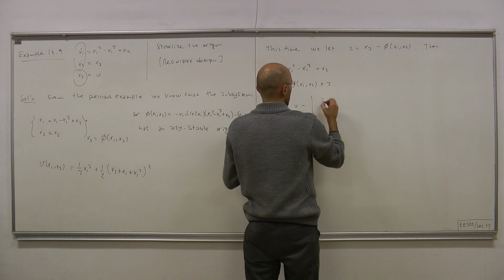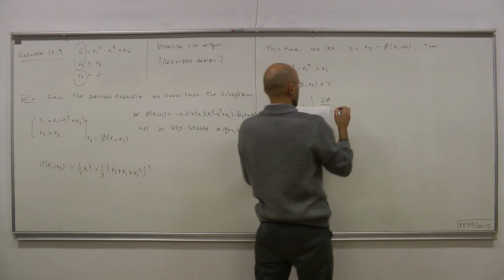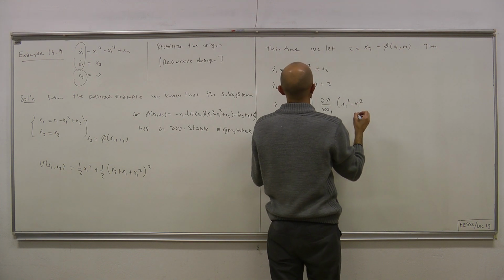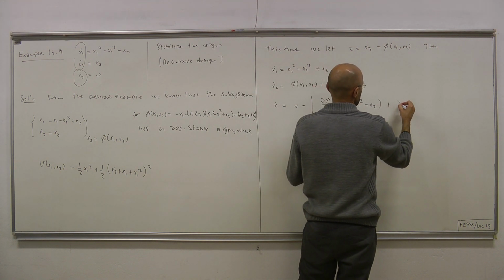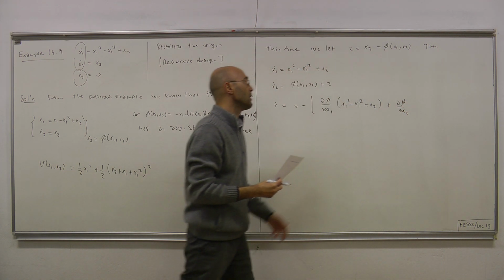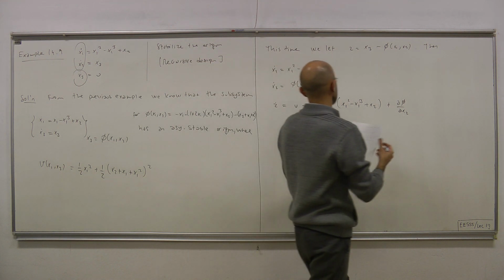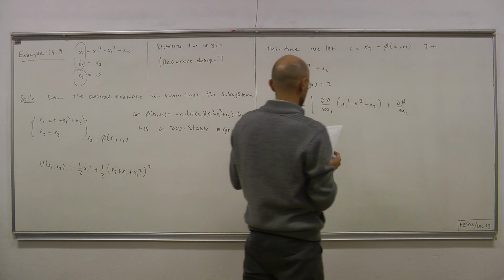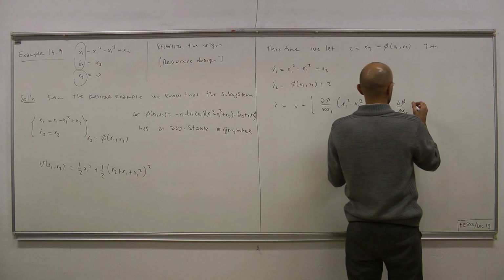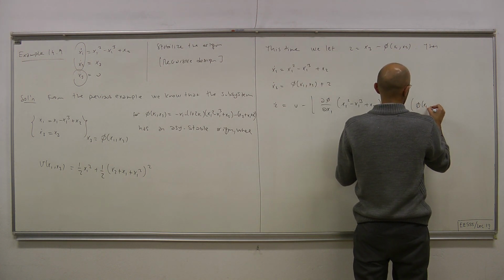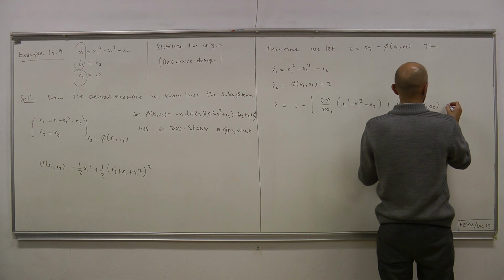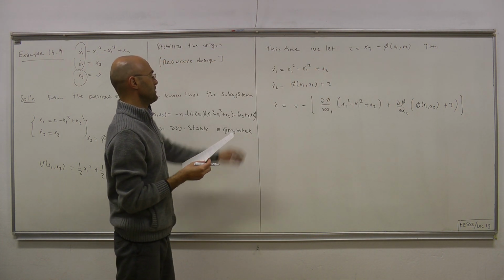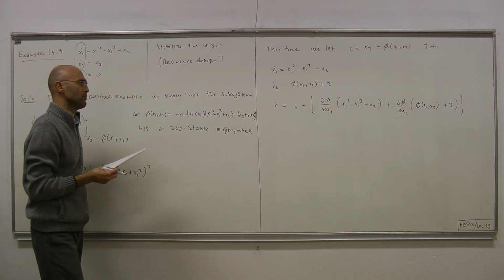So we can write that as partial phi with respect to x1 times (x1 squared minus x1 cubed plus x2) plus partial phi with respect to x2 times (phi of x1, x2 plus z). And that's the system in terms of the new coordinates.